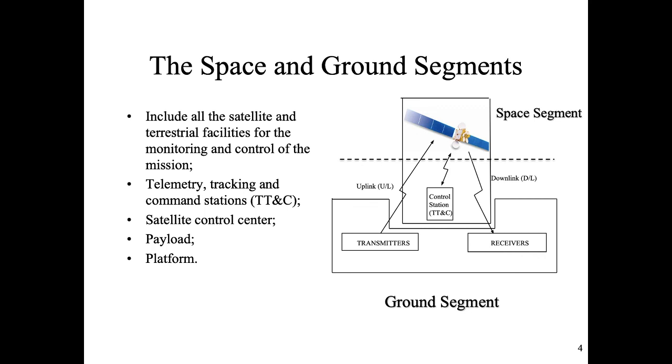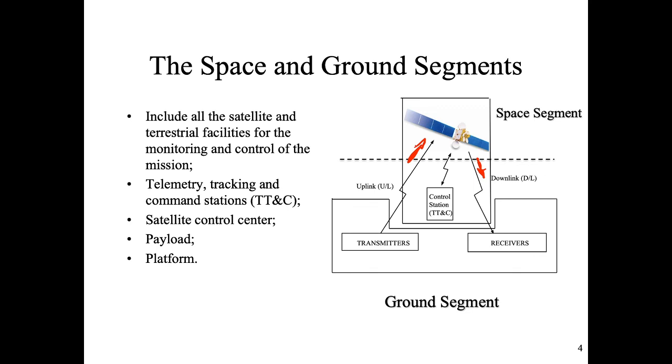The basics are the radio links that are established. So here you see you have an uplink, and to establish an uplink we need transmitters. We have a downlink, and to establish a link on ground we need receivers.